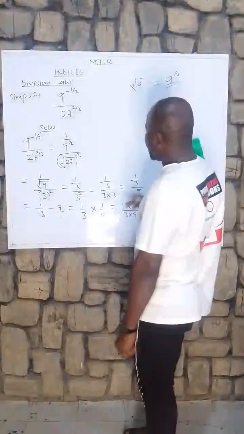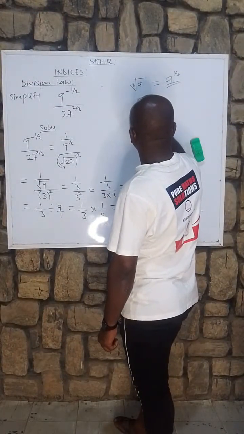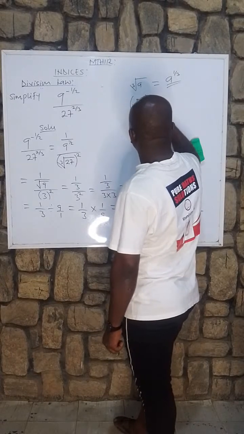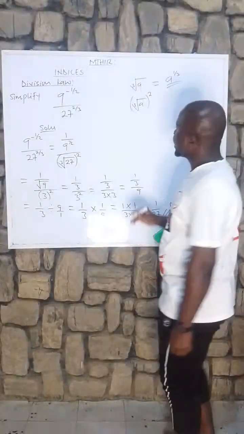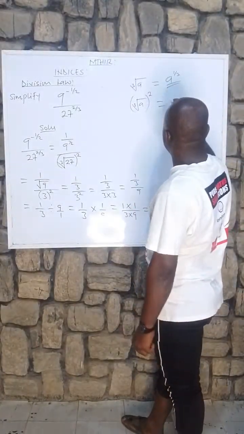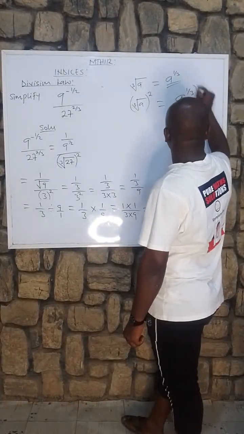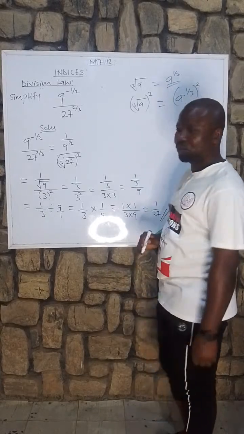So now, assuming we have cube root of A, open bracket, close bracket, raised to power 2, it means this is the same thing as A raised to the power of 1 all over 3, open bracket, raised to the power of 2.